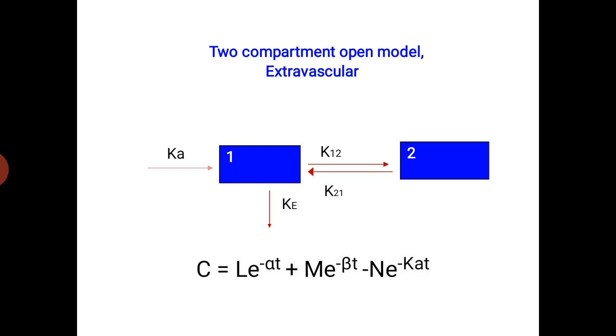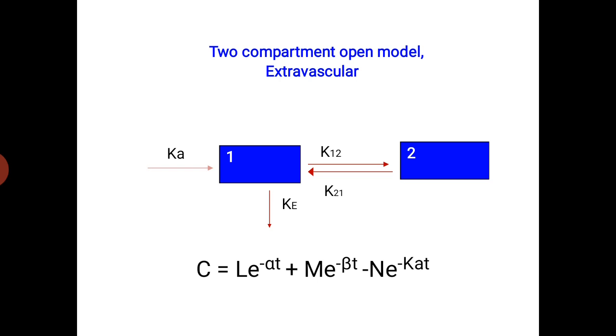The final equation we have is C equals L e raised to minus alpha t plus M e raised to minus beta t minus N e raised to minus Ka t. Here you have three new terms, L, M and N, which are the hybrid constants, and alpha, beta and Ka are the micro constants.